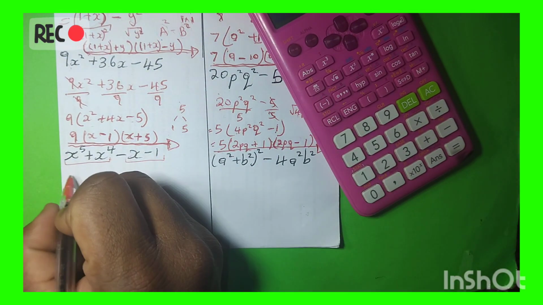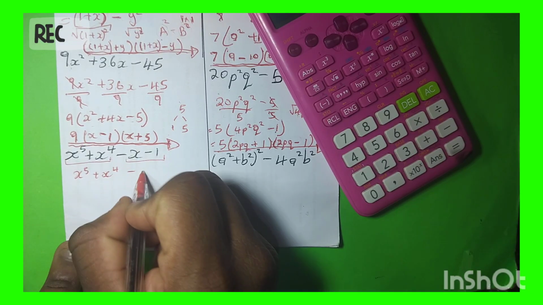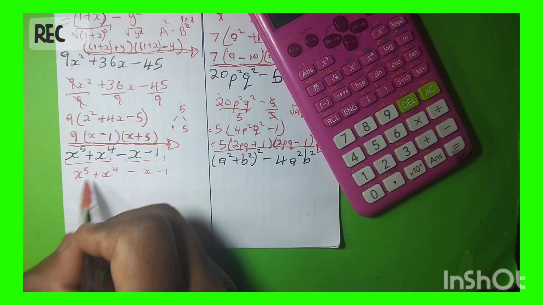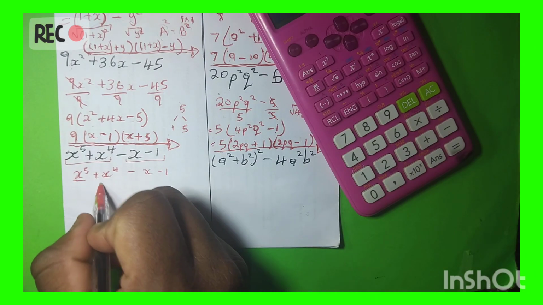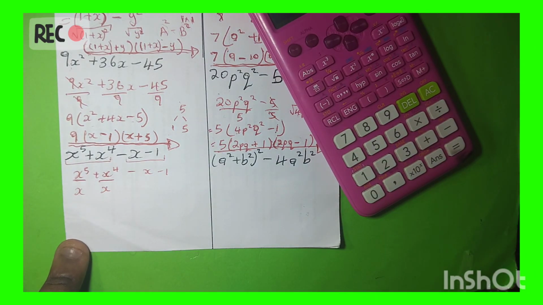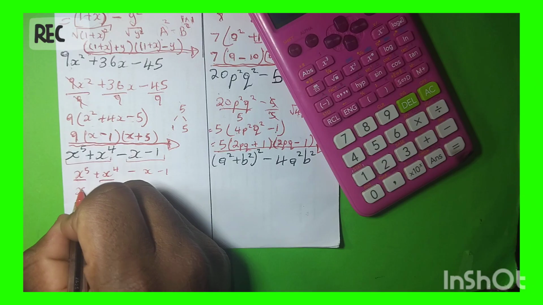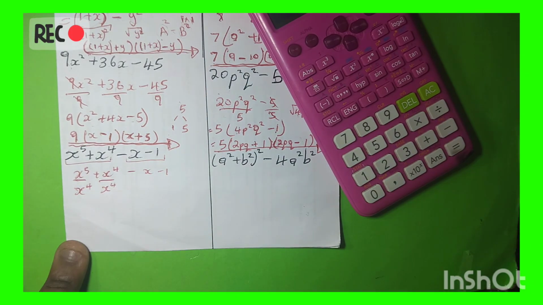When you group, you will take a common factor. So here, let me take the common factor. A common factor here is x. But when I take the common factor of a base, I will take the base that has the small exponent, which is that one there. Do you see?